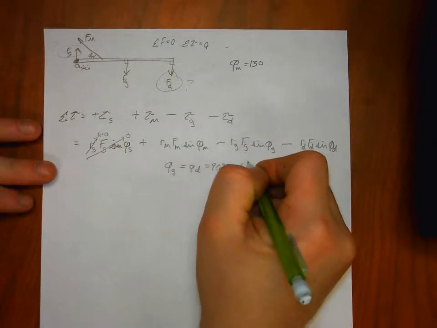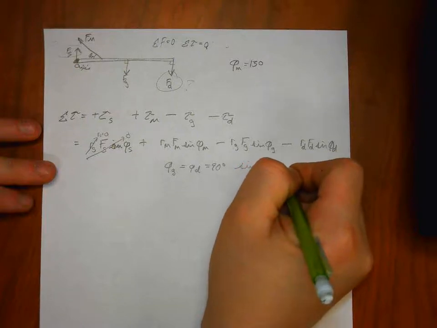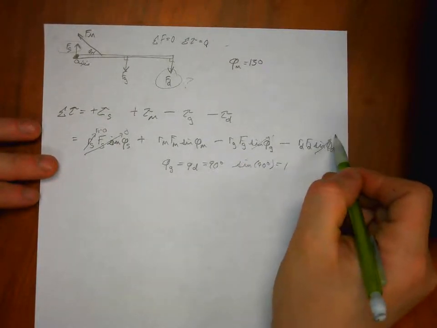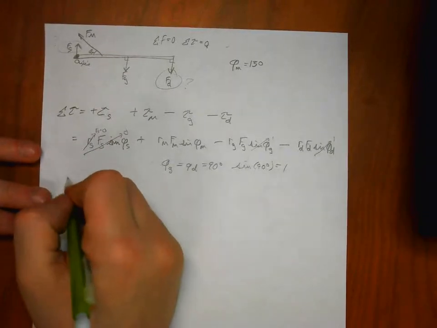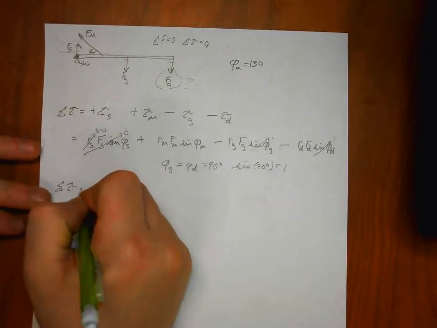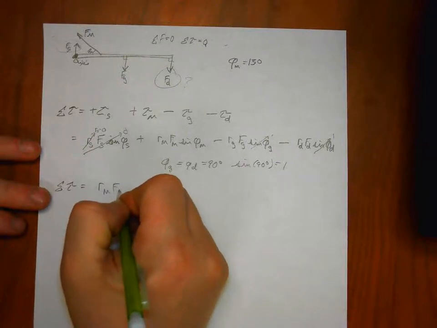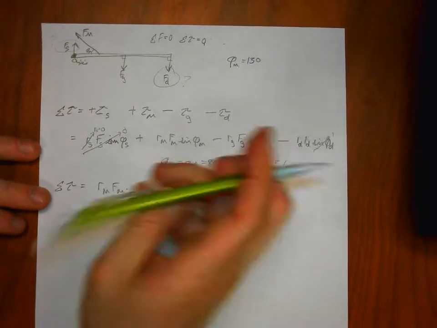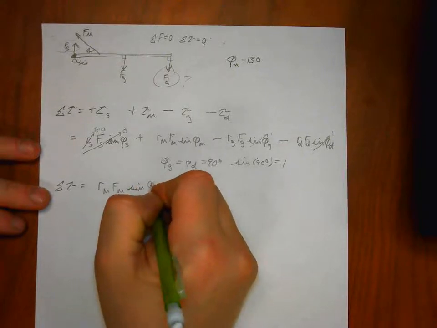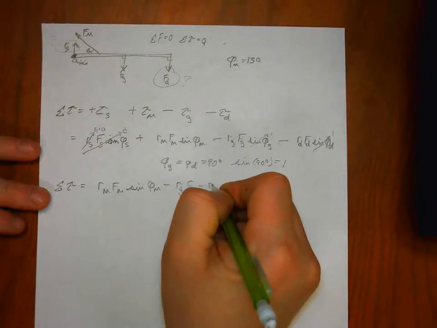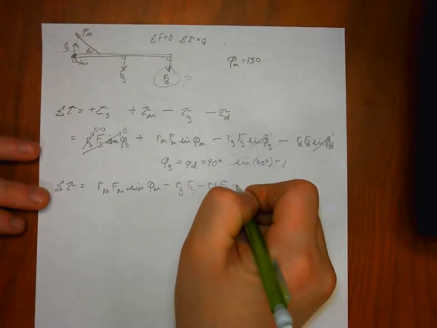And sine of 90 degrees equals 1. So these sine functions cancel out. So I can say the sum of the torques equals 0 plus Rm Fm sine of phi m minus Rg Fg minus Rd Fd, and all of that sums to 0.